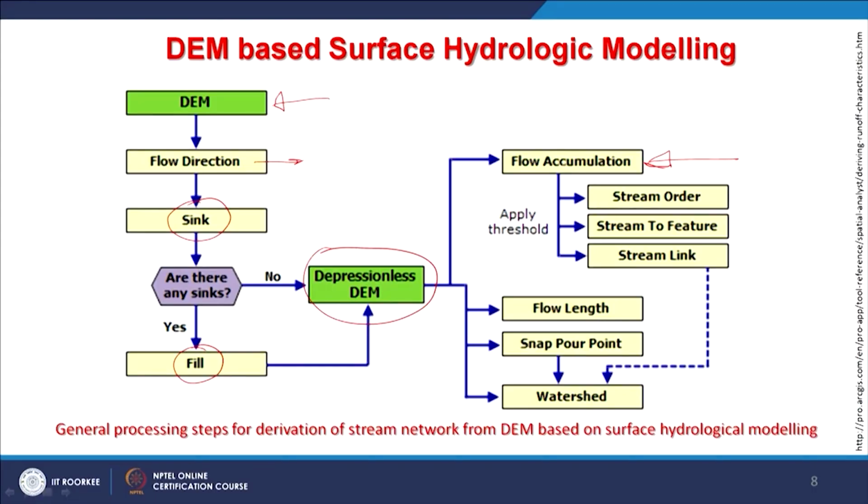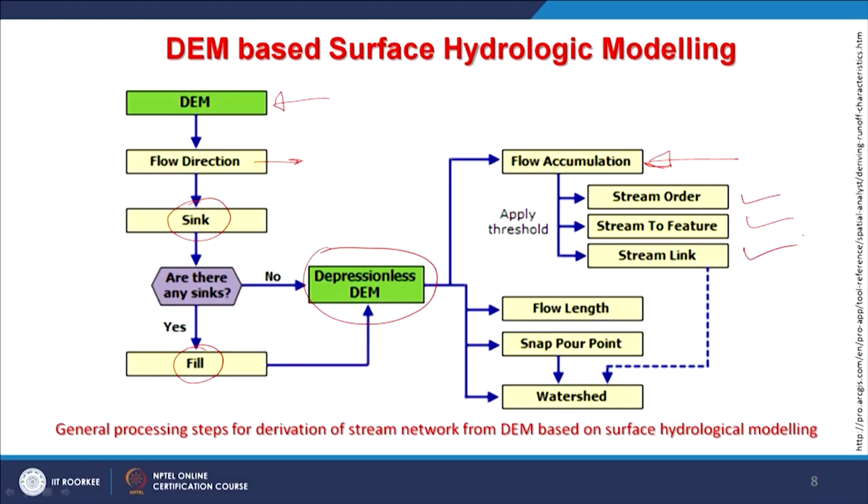Now, using this flow accumulation, one can derive stream order using two well established methods. You can derive stream feature, that means the drainage network in vector form, in polyline form, and also stream link, which are again very useful from the flow modeling point of view.